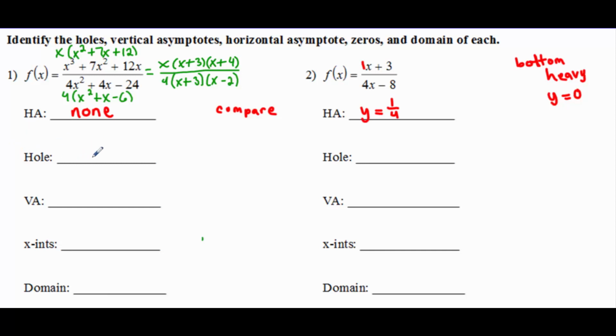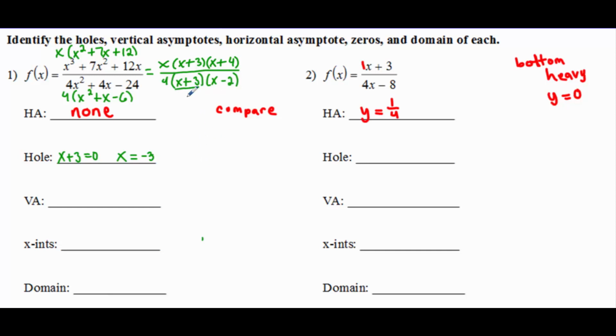Holes are where your graph cancels something out. So like these are both x plus 3's, and so our hole is at x plus 3 equals 0, because it's whatever cancels out set equal to 0, which means we have a hole at x equals -3. Our vertical asymptote is what's left on bottom. So we already took care of the x plus 3.